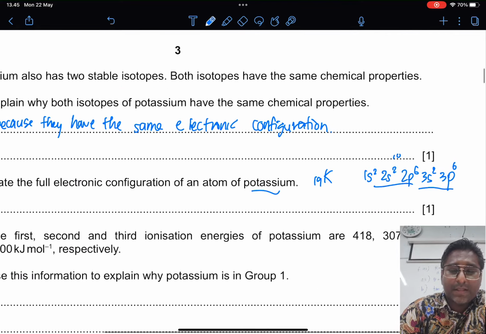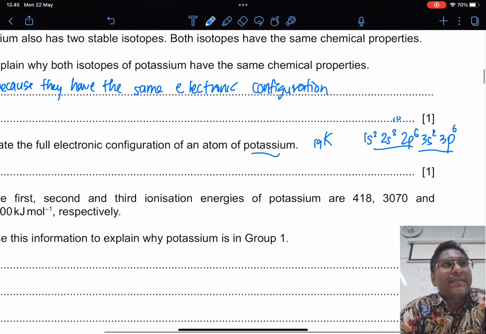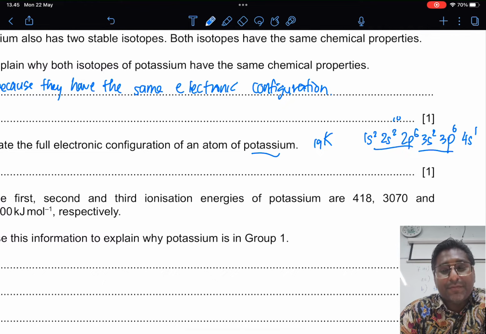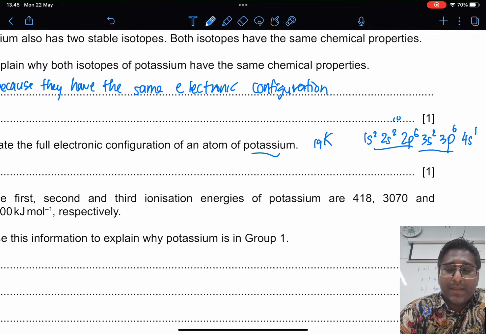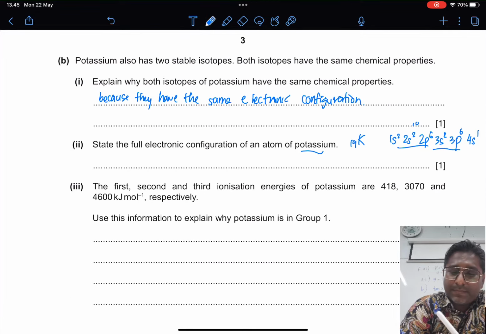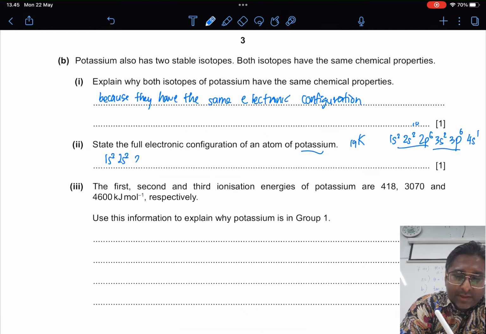After 3p6, do we go for 3d? No. We will skip 3d, we will follow 4s1 first, then only we fill up 3d. So potassium is going to be 1s2, 2s2, 2p6, 3s2, 3p6, and 4s1.